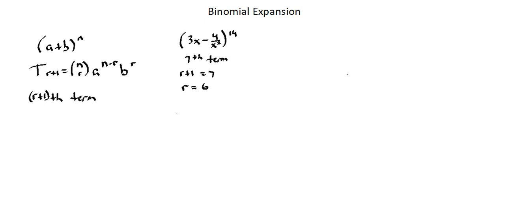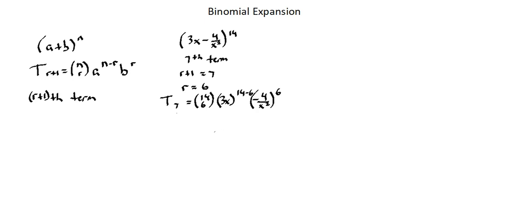Starting with the left side of the equation, t subscript r plus 1 is t subscript 7, the 7th term, equals the binomial coefficient n over r. n is 14, r is 6, times a, which is 3x, in brackets, to the power of n minus r, 14 minus 6, times b, which is negative 4 over x squared, in brackets, to the power of r, which is 6.